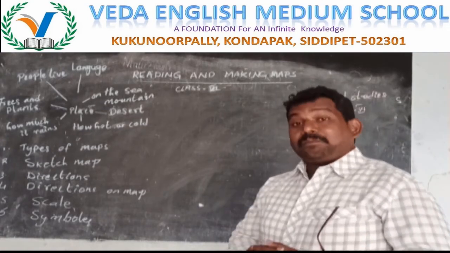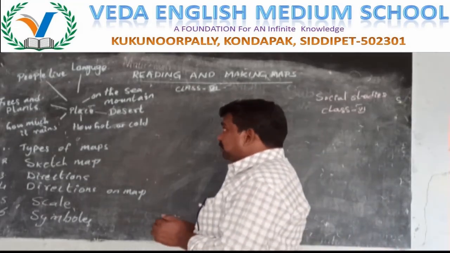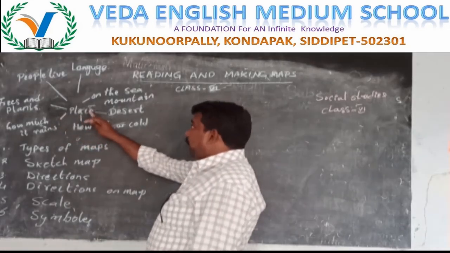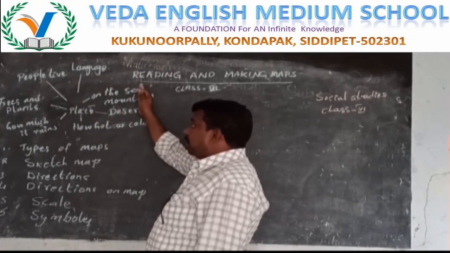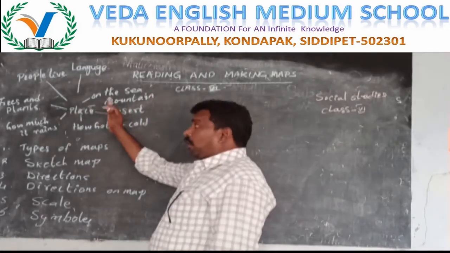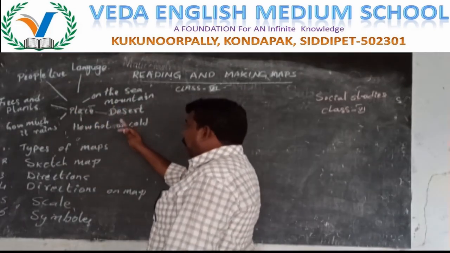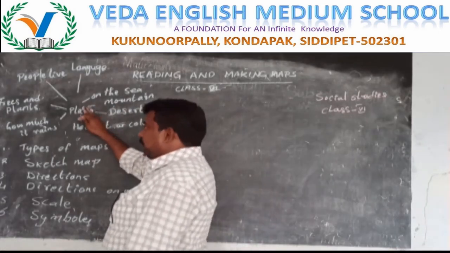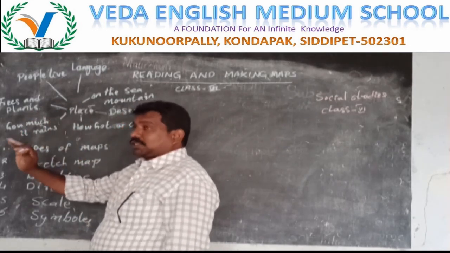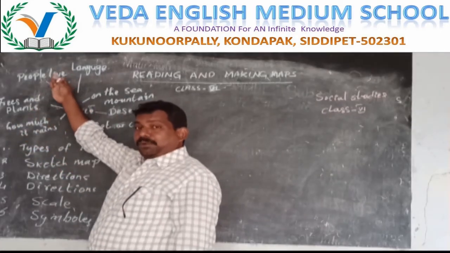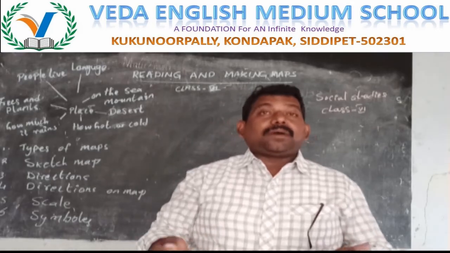Maps tell us several things about different places: where a place is located, whether it is on the sea, on the mountains, or in the desert, how hot or cold it is, how much rainfall it receives, what kind of trees and plants grow there, what kind of people live there, and what language the people speak.